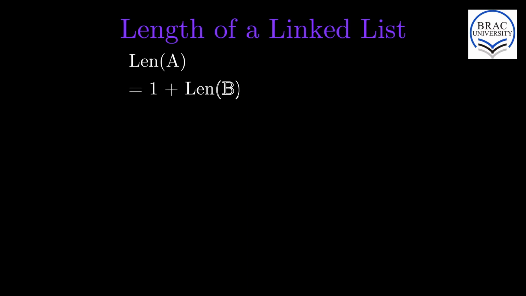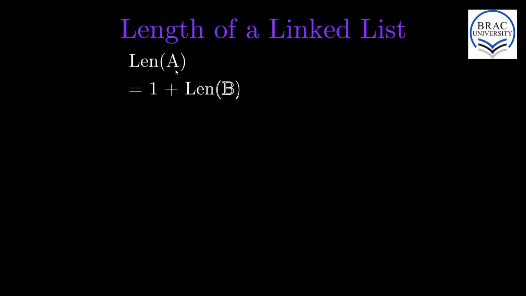Since A is not an empty list, A is not null, so it will return 1 plus length of B. B is the node pointed to by A.next. I'm just writing A here so you can understand, but the first node is actually pointed to by list. So this will call 1 plus len B.